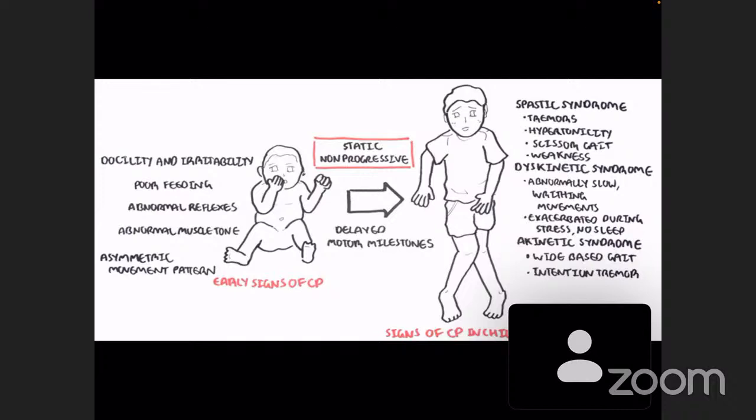And what about quadriplegia? We say diplegia and quadriplegia. In quadriplegia, IQ is always low and they have more common seizures. Whereas in diplegia, IQ is normal, and the seizure risk is very rare compared to quadriplegia. Spastic quadriplegia has a poor prognosis in terms of morbidity.